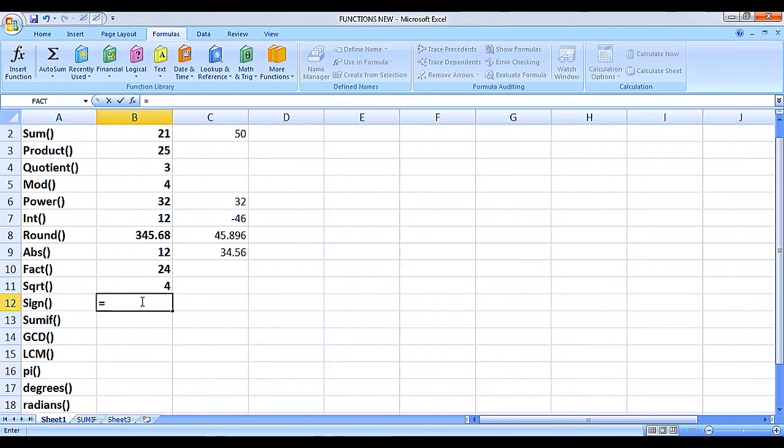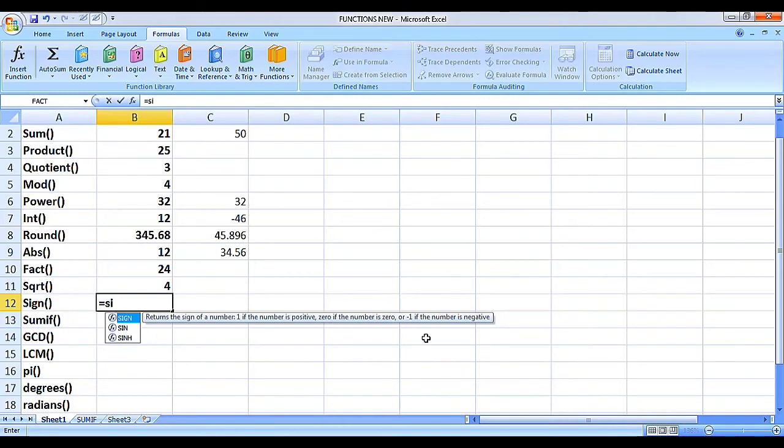Next sign, this function returns three values. You can see here, returns sign of a number. It returns 1 if the number is positive, returns 0 if the number is 0, and returns -1 if the number is negative. Let us see the examples.